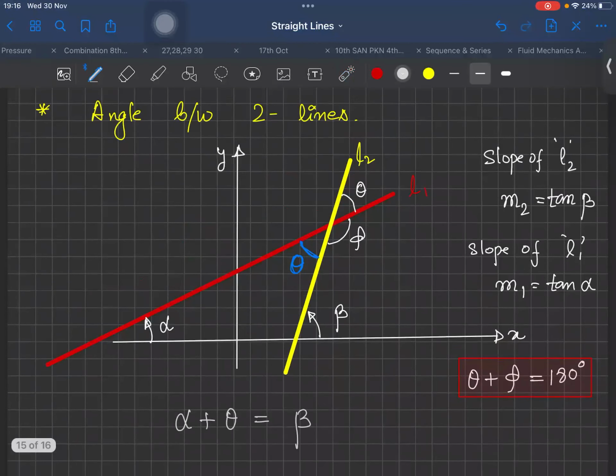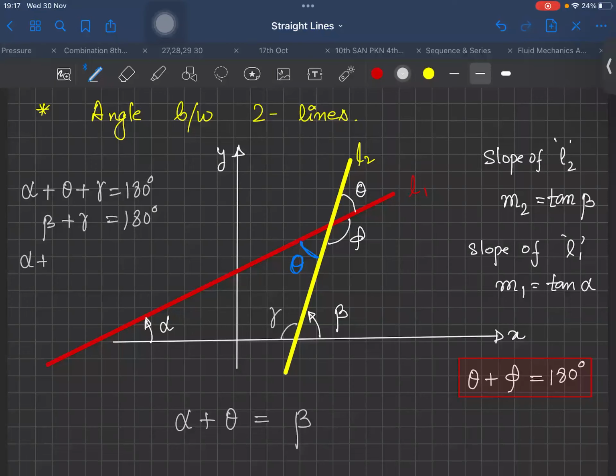Okay, I know alpha plus theta plus, let's say this angle, some angle gamma, is equal to 180 degrees. Now beta plus gamma is equal to what? 180 degrees. This angle plus this angle is equal to 180 degrees. Now, if you substitute, instead of 180, can we write beta plus gamma?